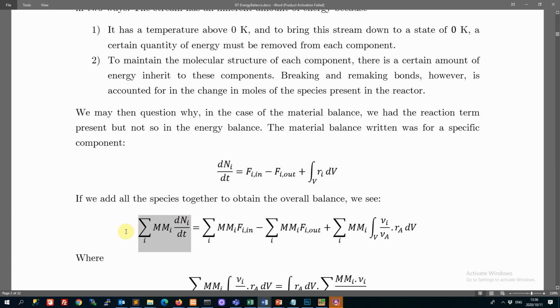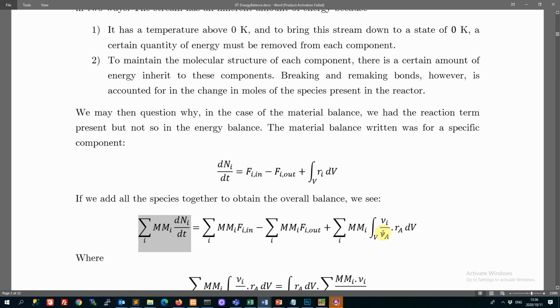So that's what I'm showing here. We multiply dn_i/dt by MM_i, the molar mass of component I, and add up over all components I. Then that's the total rate of change of mass in the system.